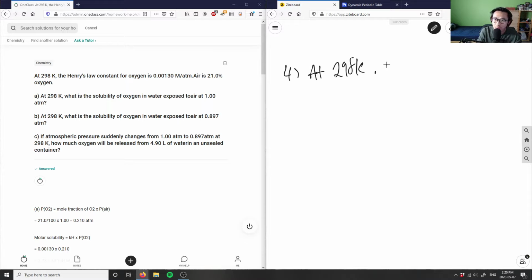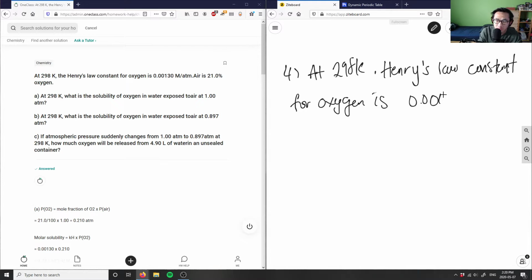Henry's law constant for oxygen is 0.00130 molar per atm. The air is 21.0% oxygen.